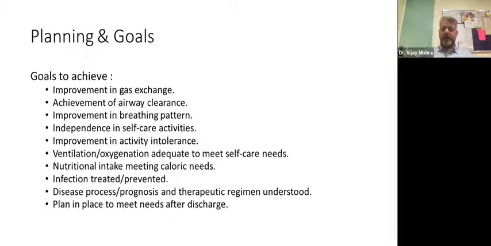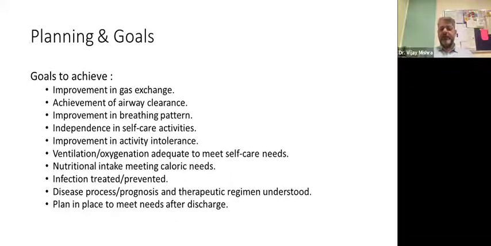You want achievement of airway clearance, improvement in the breathing patterns. These are our nursing goals. Improvement in gas exchange, achievement of airway clearance, improvement in breathing pattern, independence in self-care activities of the patient, improvement in the activity intolerance, as in improvement in the activities.